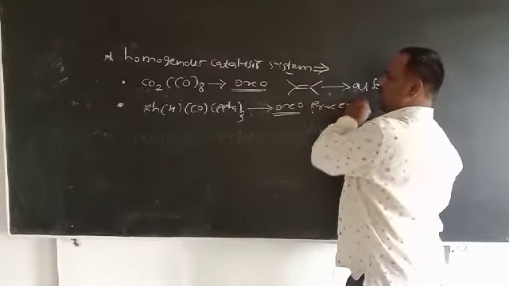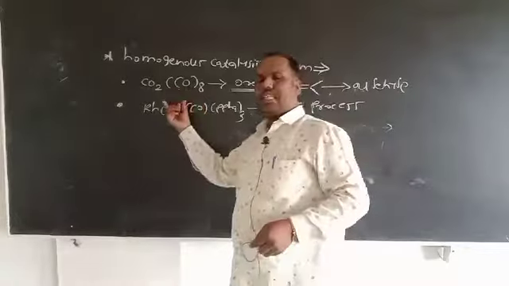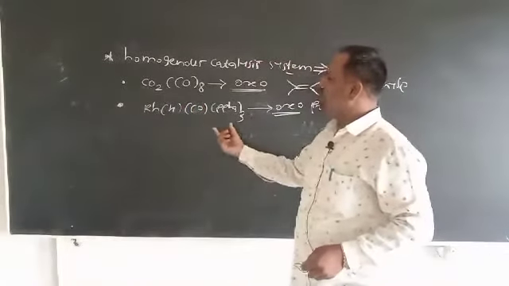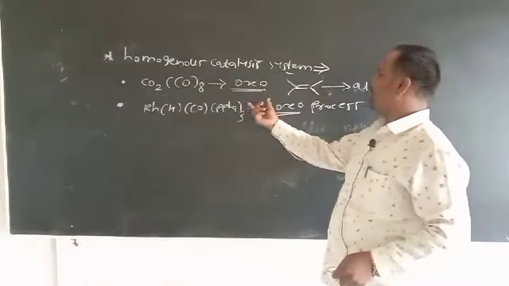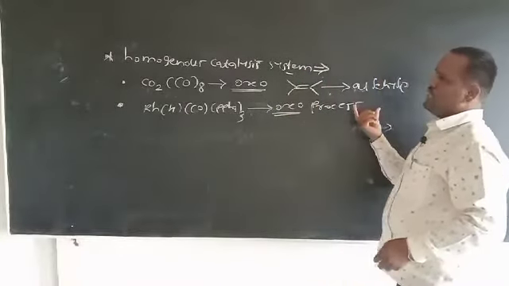So these two catalysts, dicobalt octacarbonyl and the rhodium complex HRh(CO)(PPh3)3, are used for the oxo process, that is conversion of alkenes into aldehyde.